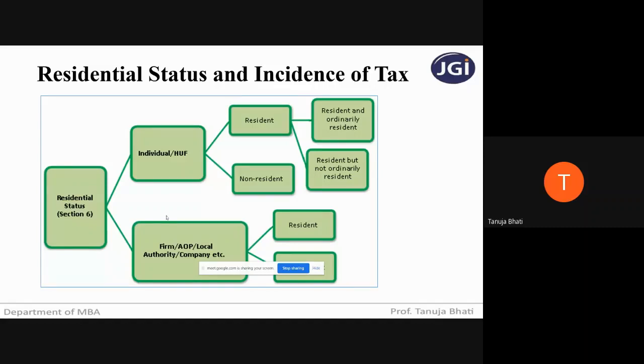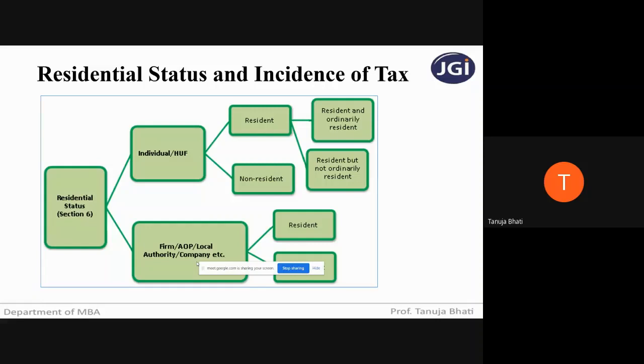In your exams, you have to determine the residential status only and only for an individual assessee. So you don't have problems on how to determine the residential status of an HUF, firm, AOP, local authority or company.